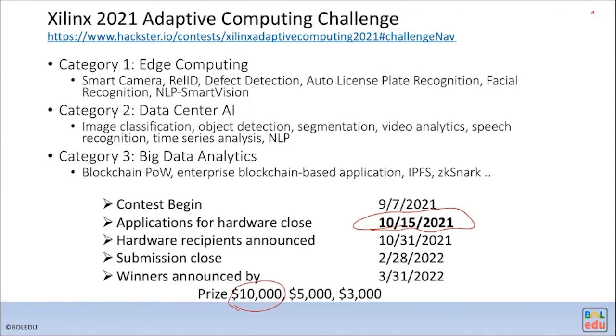So right now, think about it, and you can go on the website and look at what other people submitted for the competition in past years, so you get an idea what other people are doing, and then think about what you will be doing in your master thesis or your research. If you find synergy, then it's likely you can participate in this competition.